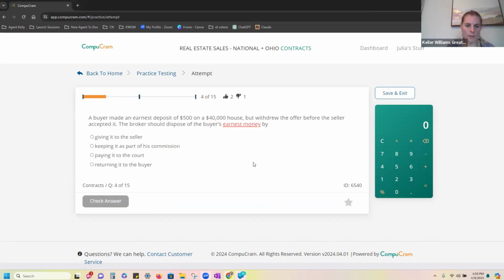Good job. Okay, cool. A buyer made an earnest deposit of $500 on a $40,000 house, but withdrew the offer before the seller accepted it. The broker should dispose of the buyer's earnest money by A, giving it to the seller, B, keeping it as part of its commission, C, paying it to the court, or D, returning it to the buyer.